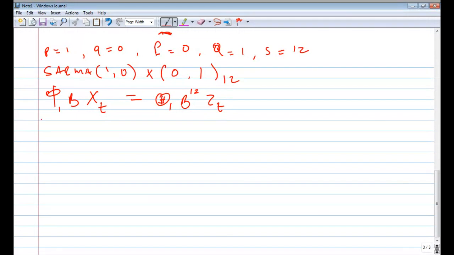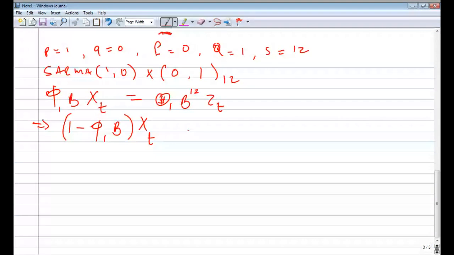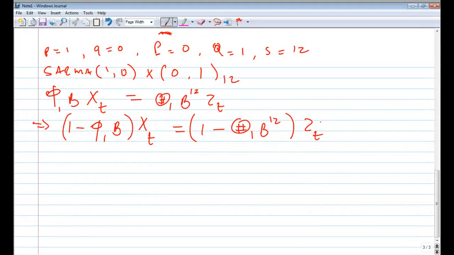Which you can write as 1 minus phi 1 B, xt, which is equal to 1 minus capital theta 1 B to the power 12, then Zt. Okay, so this is in backshift operator.